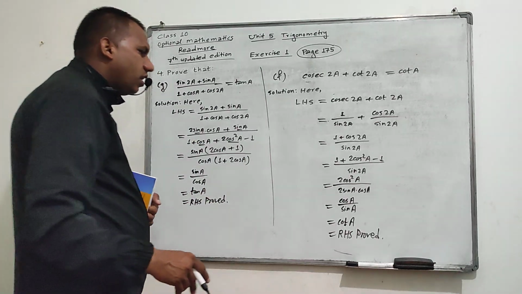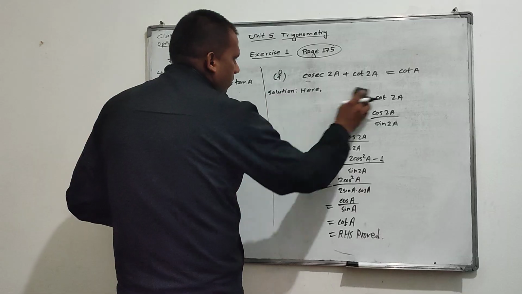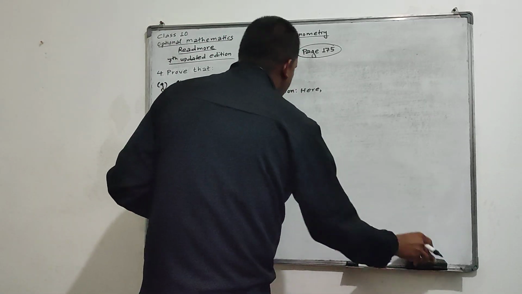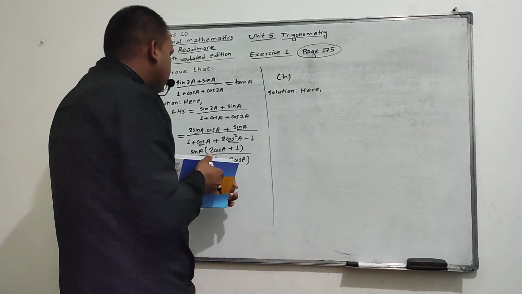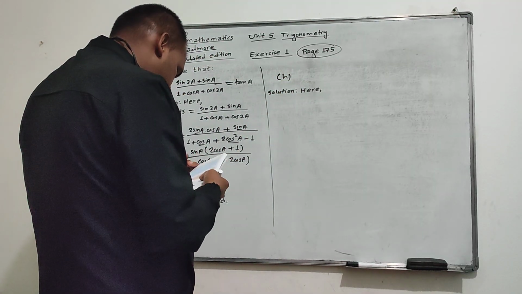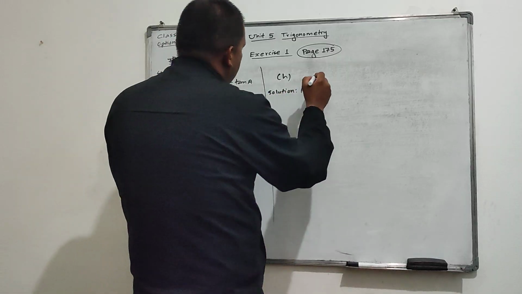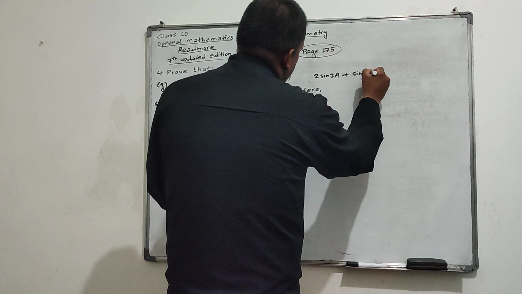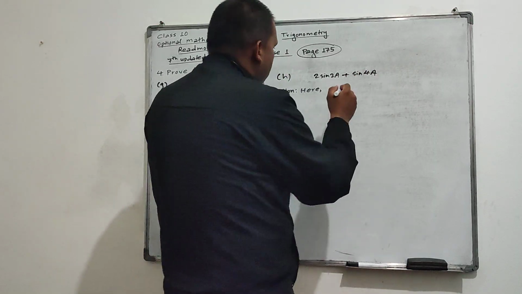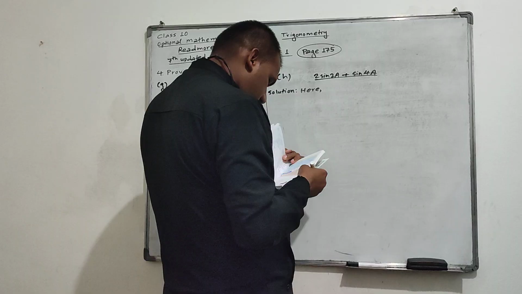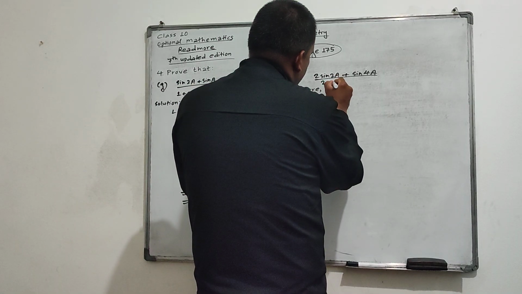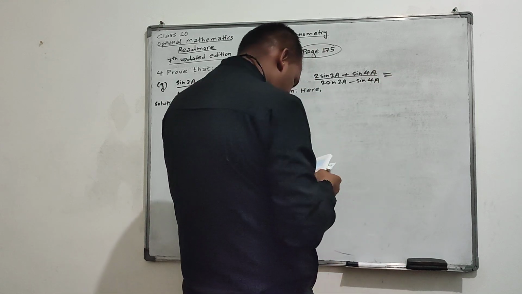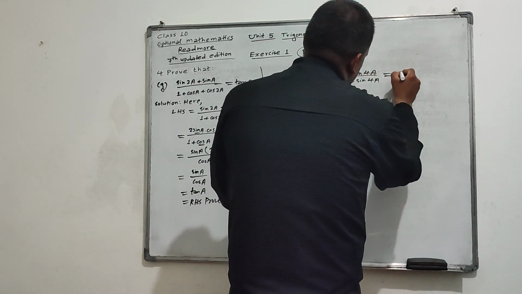Now on H we have 2 sine 2a plus sine 4a, whole upon 2 sine 2a minus sine 4a, equal to cot square a.